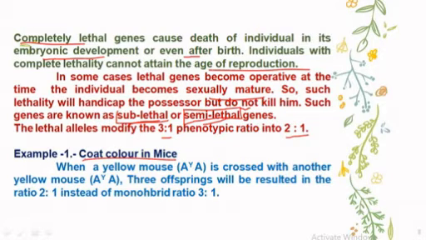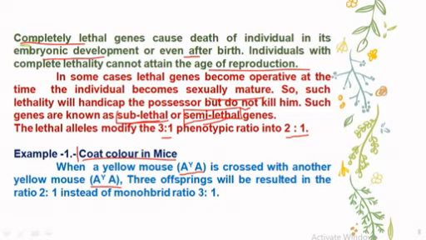Here we have taken the example of coat color in mice. We select two yellow mice for the cross. One yellow mouse has the genotype AY A, and it is crossed with another yellow mouse with the same genotype.